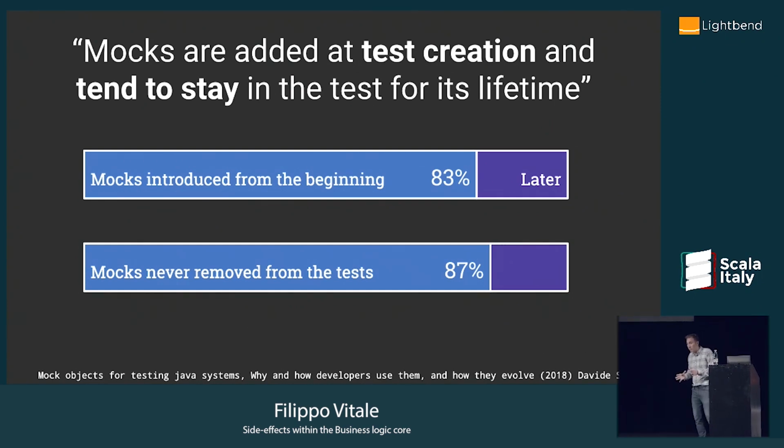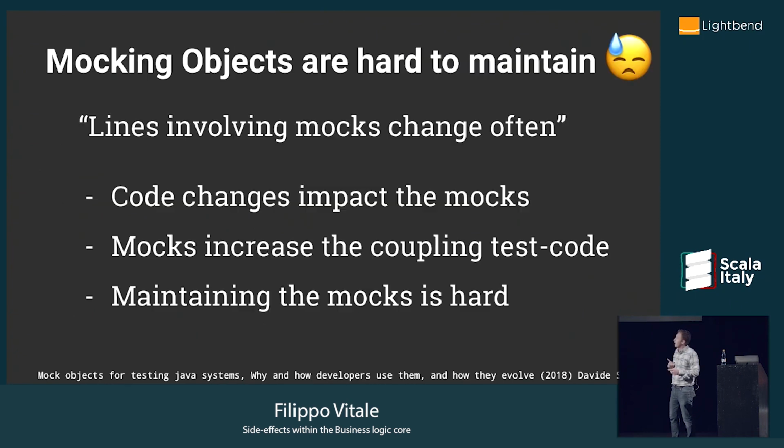But there's a cost. There's always a cost that is not that clear. Some research explained that when you add a mock, and that happens at the beginning, when you write the test code the first time, the mock stays there, okay? Why that scares me, and if you have used mocking objects in your career, you know exactly what that means.